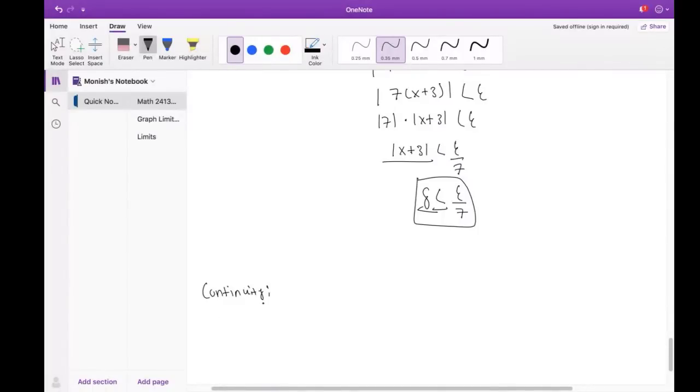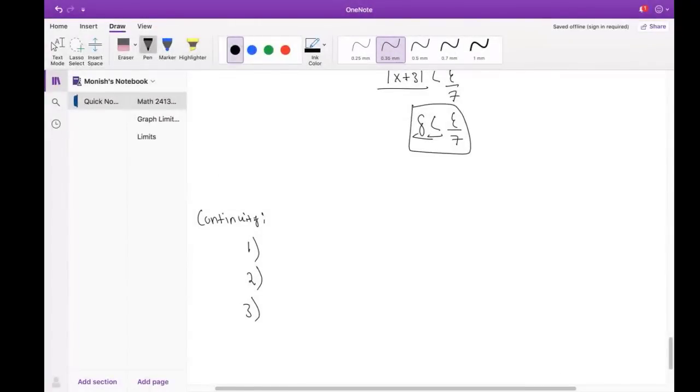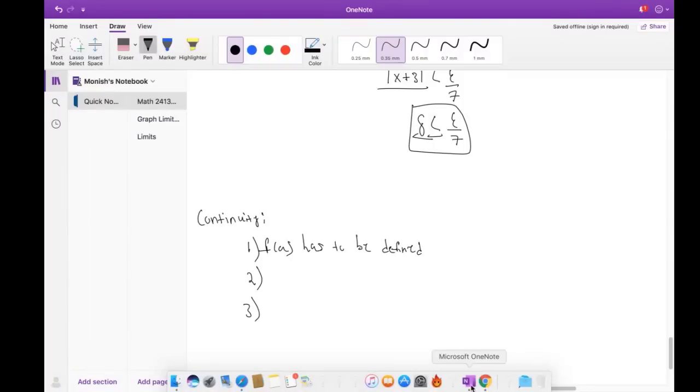There's 3 different conditions for continuity. Do you guys want to go ahead and list them out in the chat? So the first one is f of a has to be defined. And yes, the limit of f of x must exist.